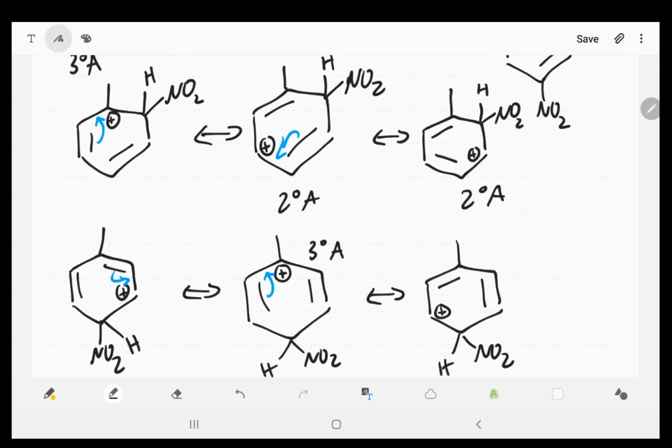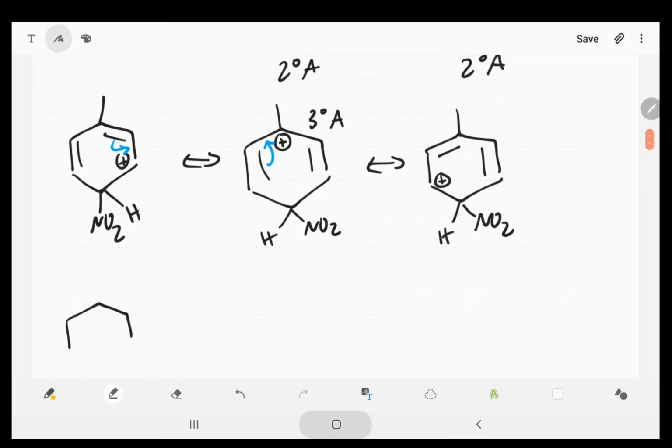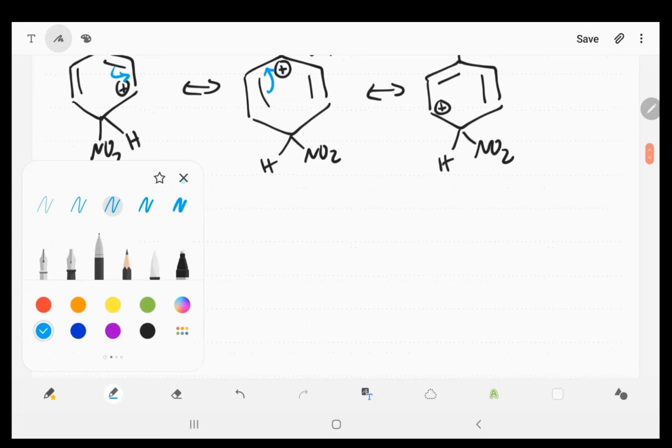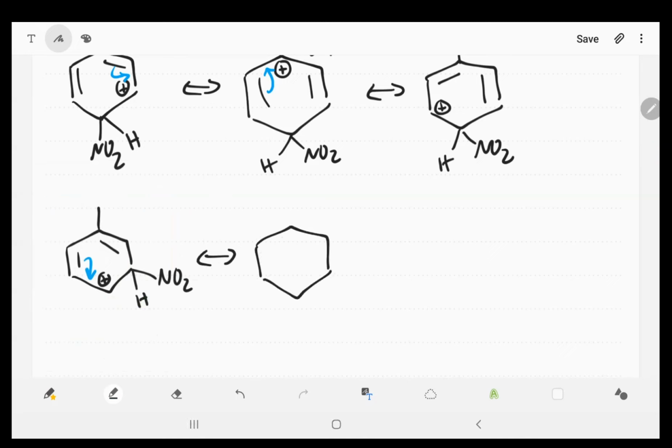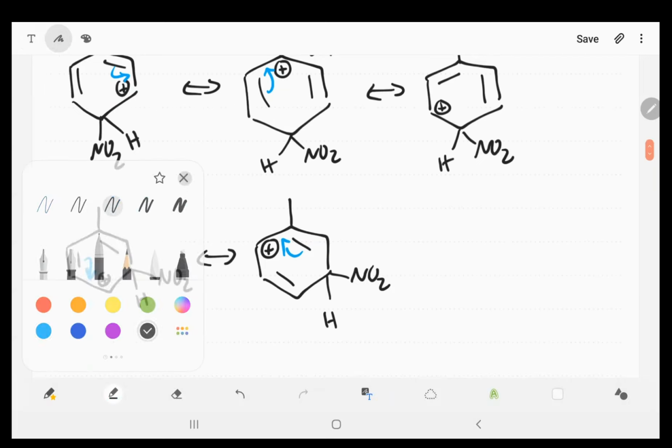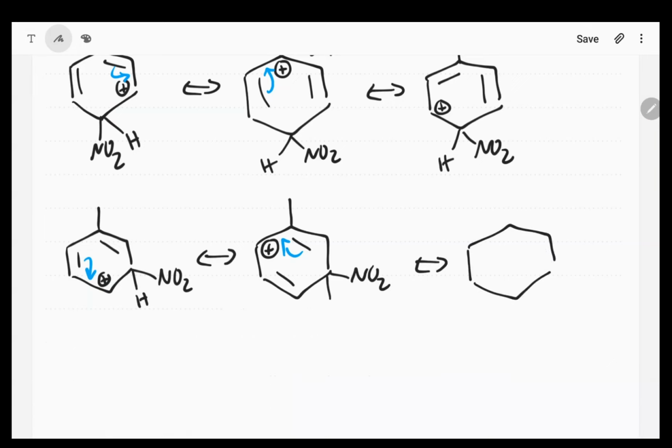So between these, again, that middle one is going to be the preferred one. And if we just finally look at meta, the meta position here, if we resonate this, we see that no matter how we resonate this, we are still going to end up having our carbocation on secondary allylic only for all three of these.